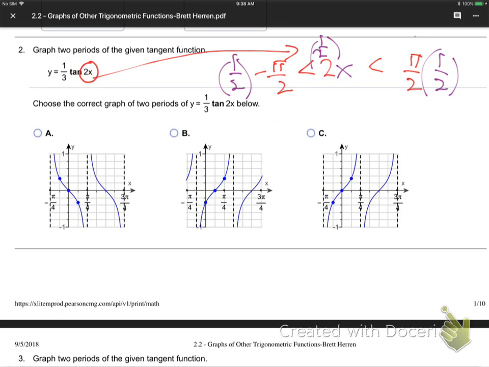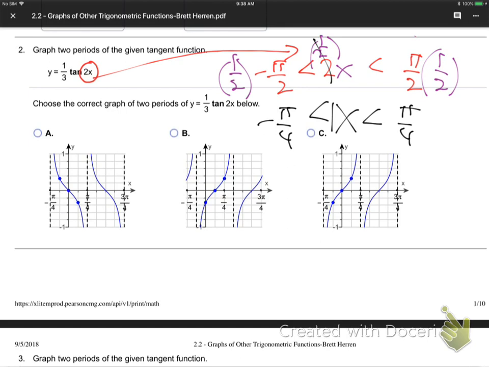Whenever you have a fraction, it's easier to multiply by a fraction instead of divide. But either way. So that'd just be x. This would be pi over 4. This would be minus pi over 4. Are we okay there? So I just multiplied through by a half, a half, a half. And that got rid of the 2, since half of 2 is just 1.